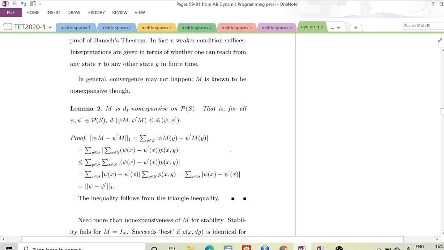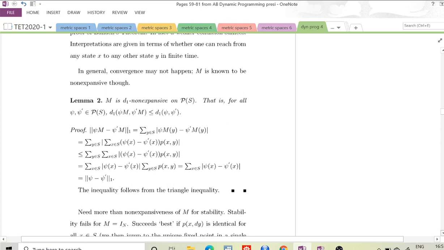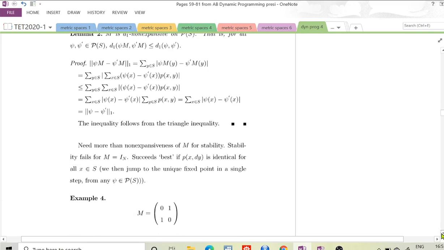So in other words, if I start with two different distributions, C and C prime, and I assess the distance between these two, and then I apply M to both, then the distance between CM and C prime M is less than or equal to the distance between C and C prime. What I can't say is that this is a uniform contraction. It's going to be non-expansive. And the proof is simple enough, so I will leave it to you to work out.